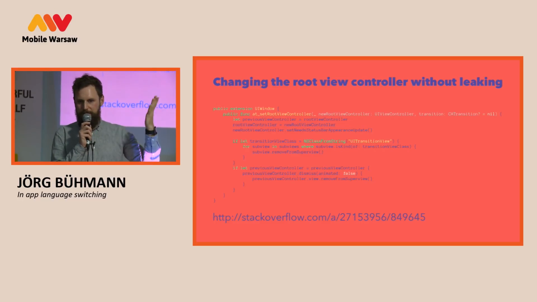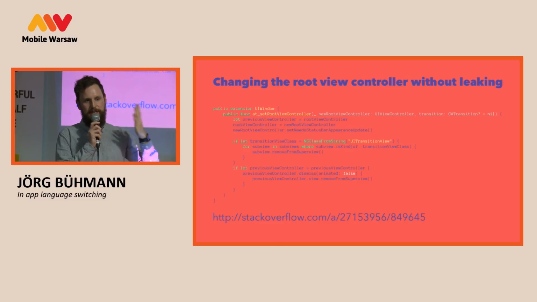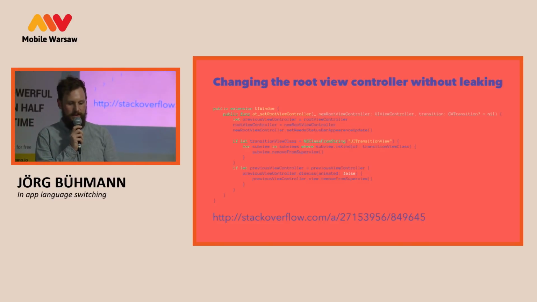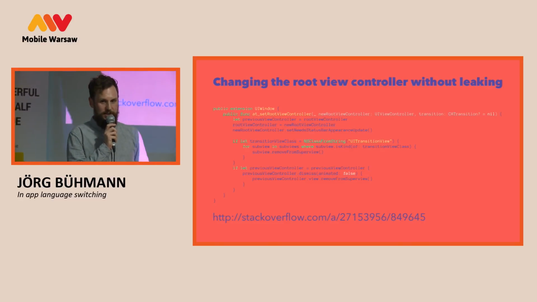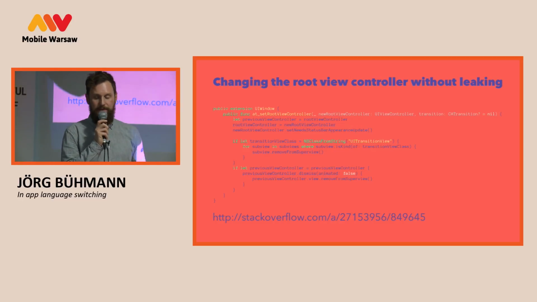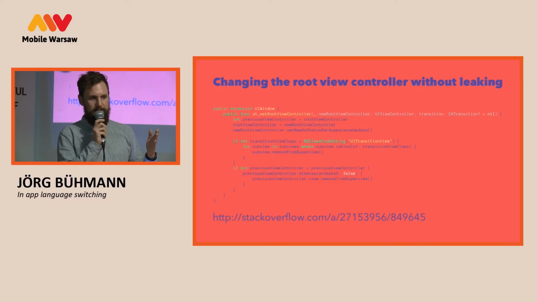It's always assumed that this one doesn't change, that's why it's called the root. You don't change it, you just add other view controllers below that. But if you try to change it and it works, what happens is that you leak the old view controller. It never gets released. It's still there.